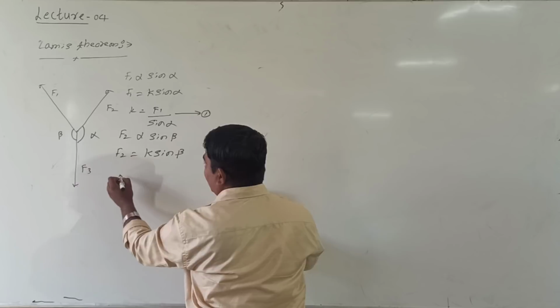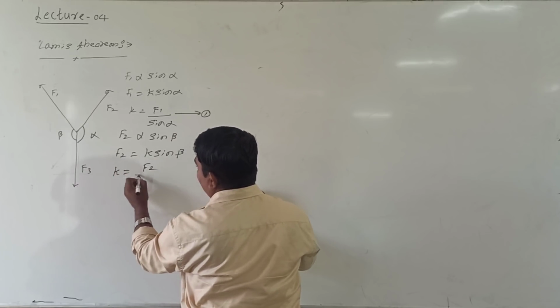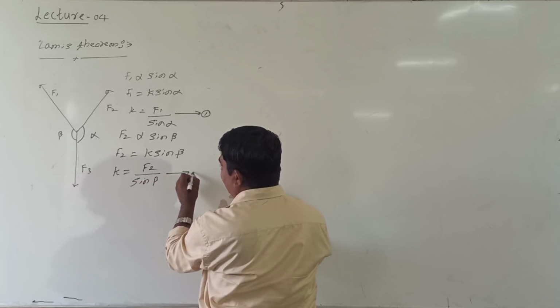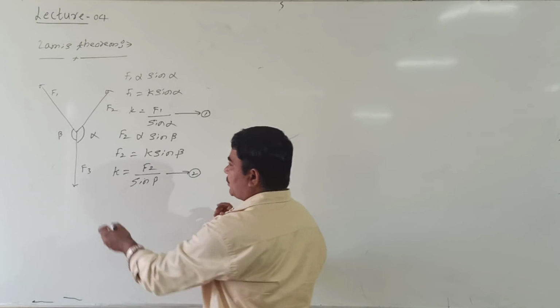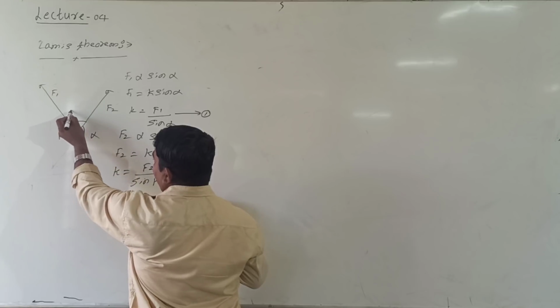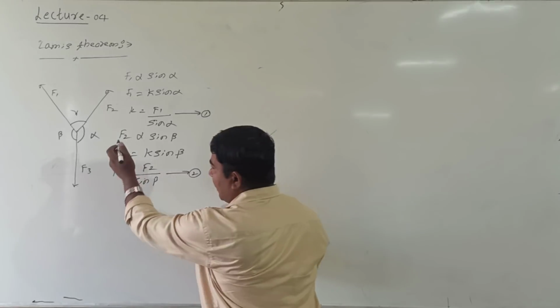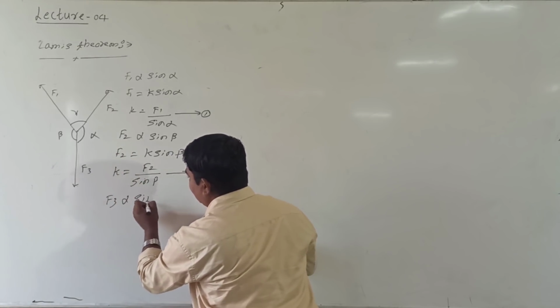What is K? K equals F2 divided by sine beta, equation number 2. Similarly, this is F3. In between F1 and F2, the gamma angle is available. From Lami's theorem, F3 is directly proportional to sine gamma.